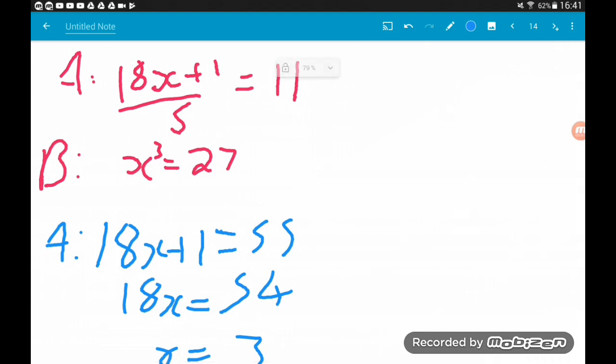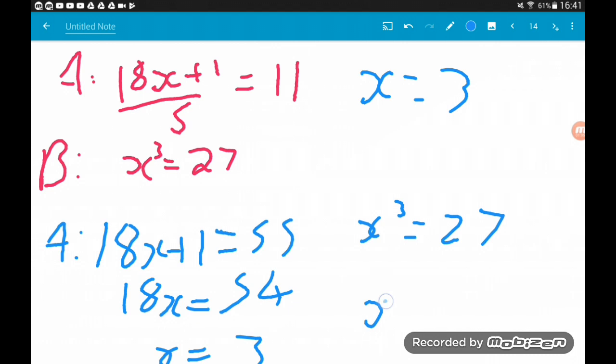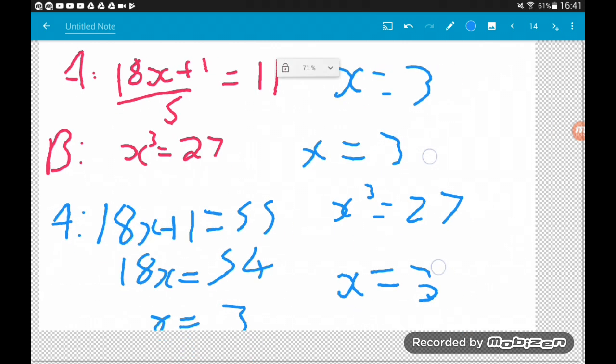So x is equal to 3. By statement B, x cubed is equal to 27. If we cube root both sides, we get x equals 3 as well. So, what type of equivalence is this then?